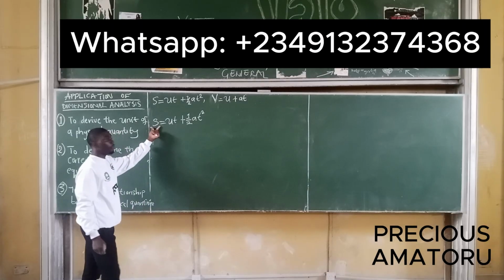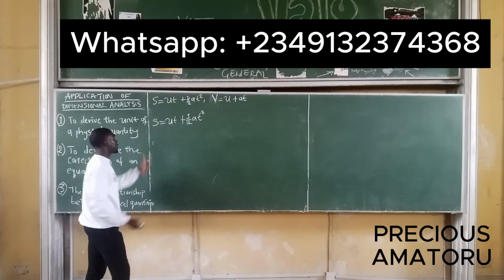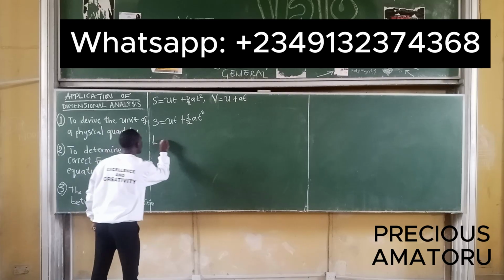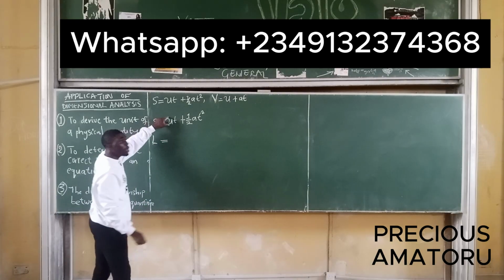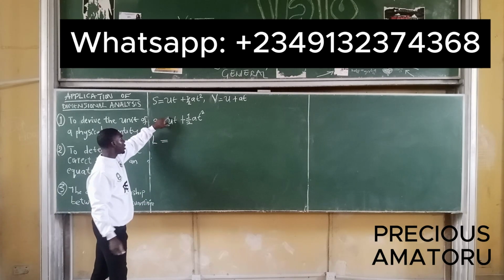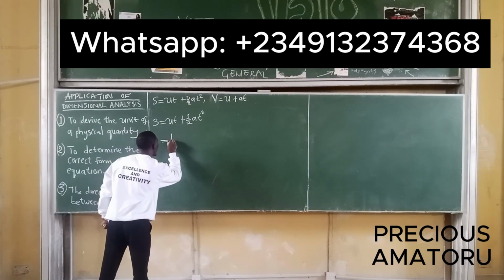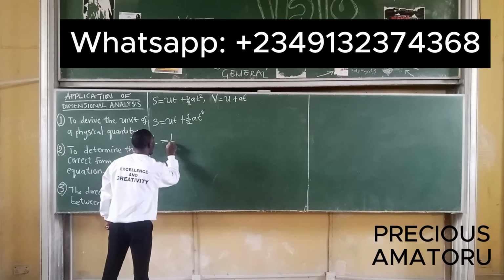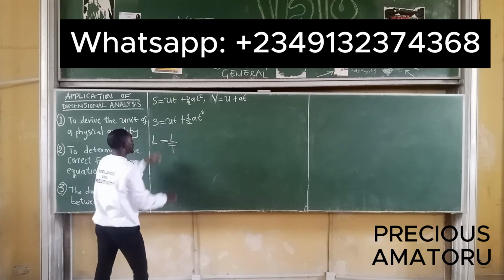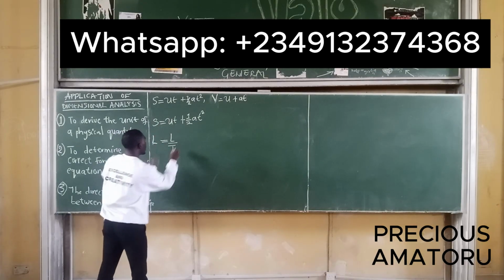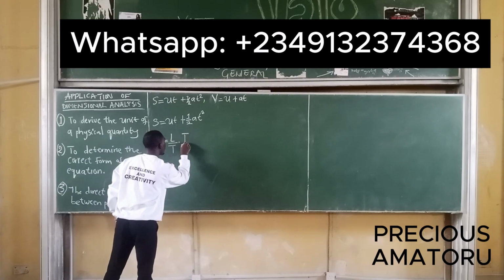So the dimension of S, which is distance, is L. This is equal to the dimension of velocity, which is L all over T. The dimension of time is T.